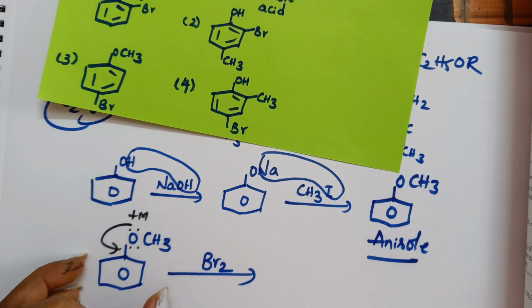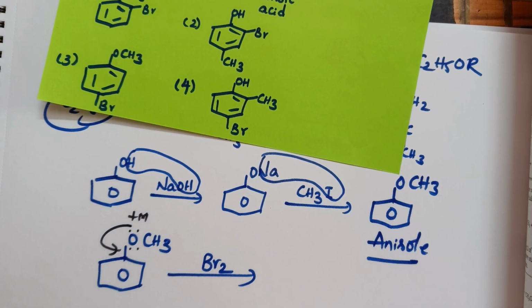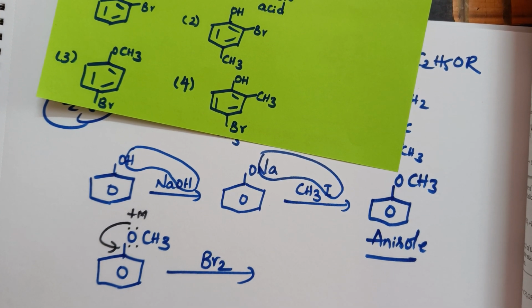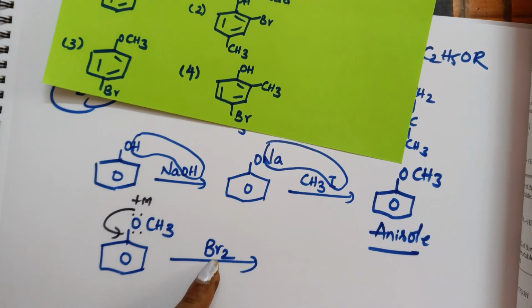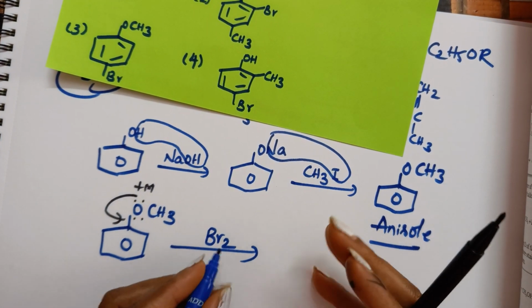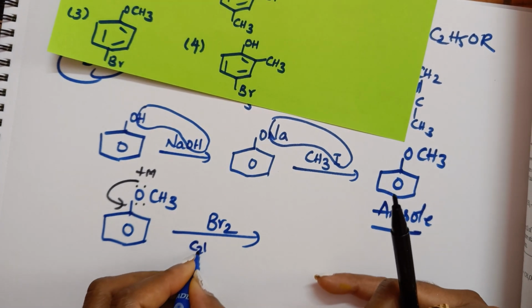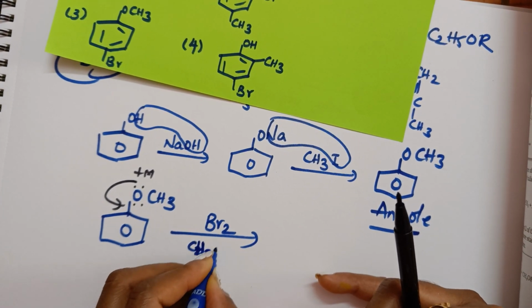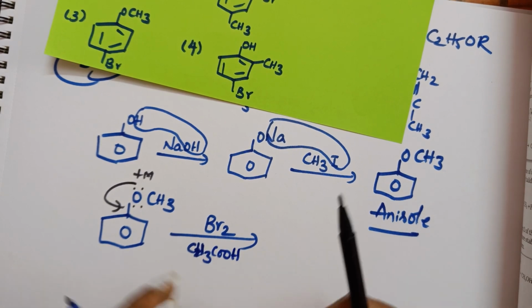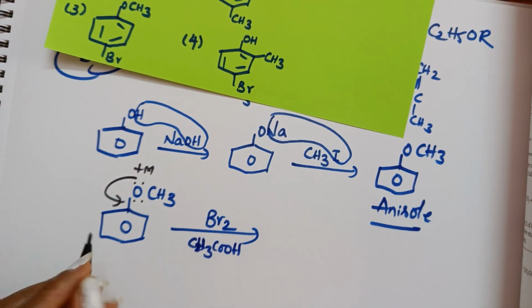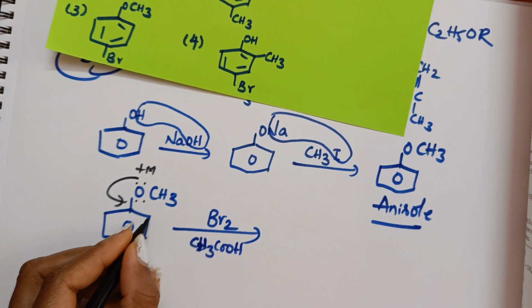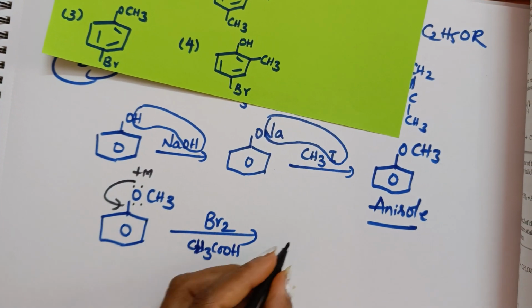It activates the ring. We don't need any Lewis acid to generate the electrophile. So we just take ethanoic acid, CH3COOH, acetic acid, just to dissolve this anisole. That's it. Then we get ortho as well as para products.